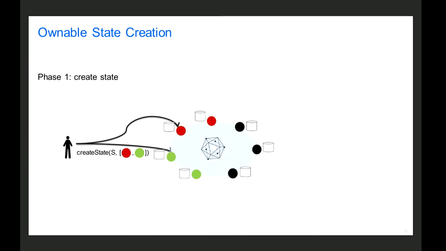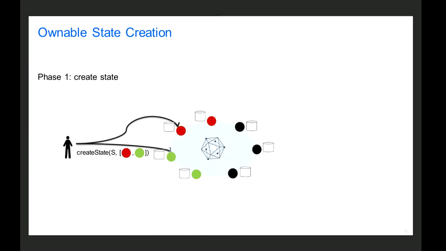So the next step is how do we work with ownable states? The first step is to create an ownable state. Here we have multiple organizations in our network. We have green dots, red dots, and black dots, each color representing an organization in the network.